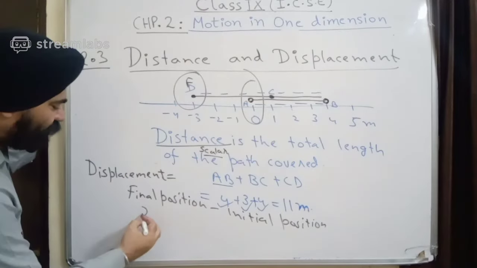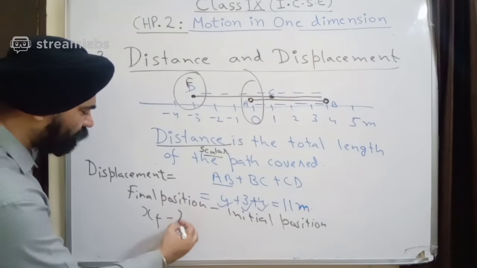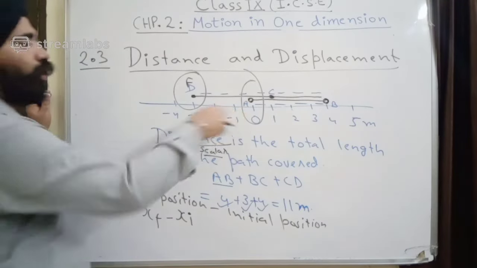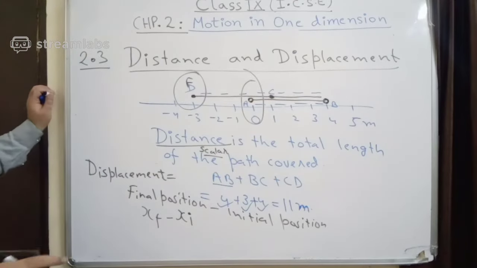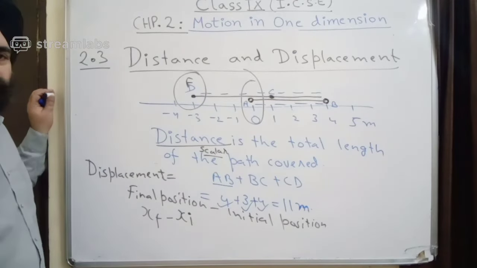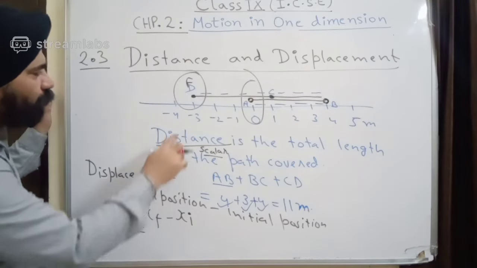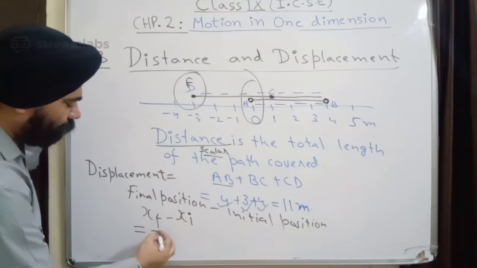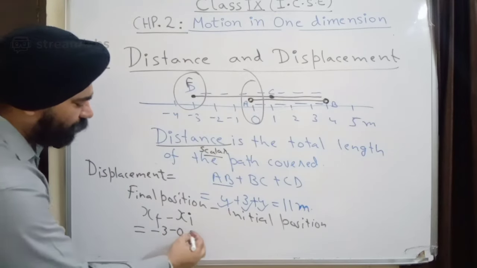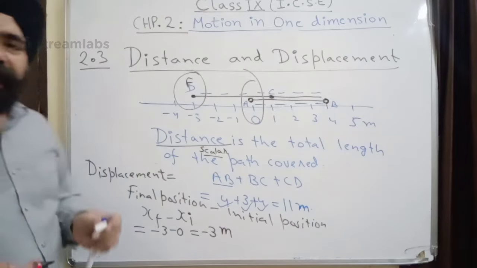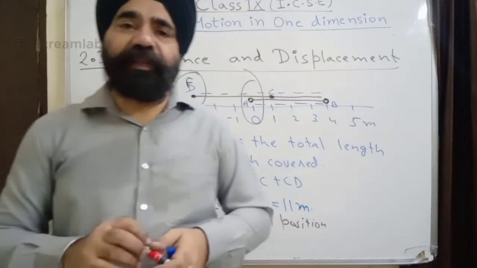So xf minus xi, the final position on the horizontal axis minus the initial position on the horizontal axis, which means the final position is minus 3 and initial was 0. So my displacement is negative 3 meters.